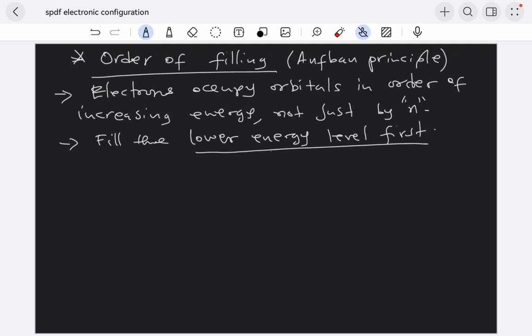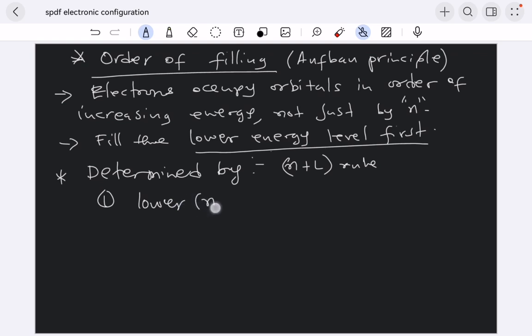Now, this is determined by these two rules, which we call the N plus L rule. So when we're using the N plus L rule, we say lower N plus L is filled first.